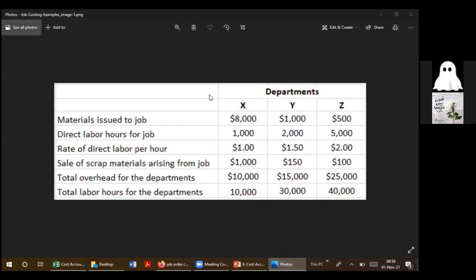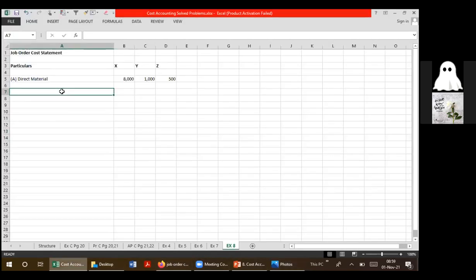Okay, so for department X, that will be point B, direct labor, that is labor hours times labor rate per hour.